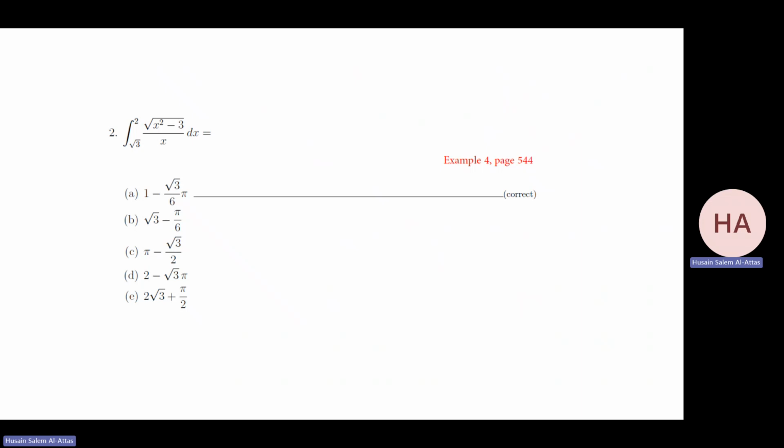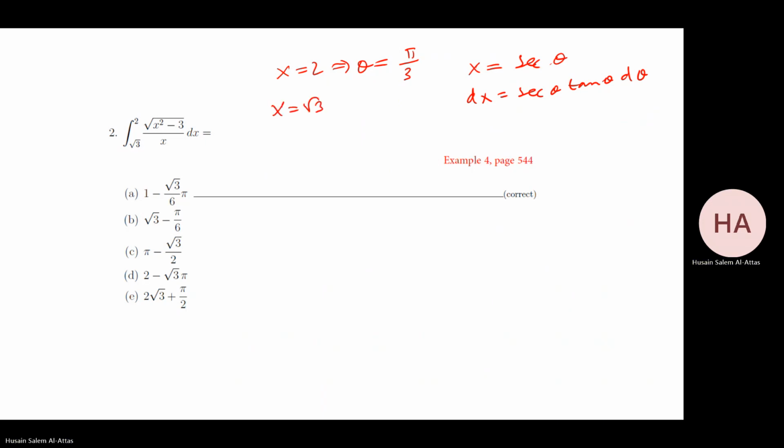Square root x squared minus 3 over x. I let x equal secant theta. Dx will be secant tan d theta. Now, if x equal to, theta will be pi over 3, where cosine is half. If x equals square root of 3, I don't have cosine.